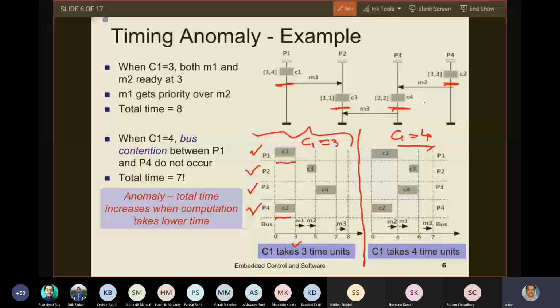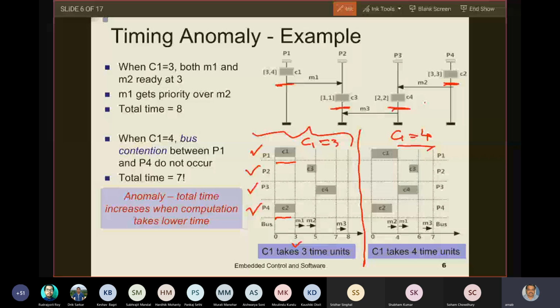P2 will only be able to send if P1's data is not there on the bus. So now both P1 and P4 have messages to send, and therefore P1 has higher priority. So M1 has been sent, and M1 completes at time 4.